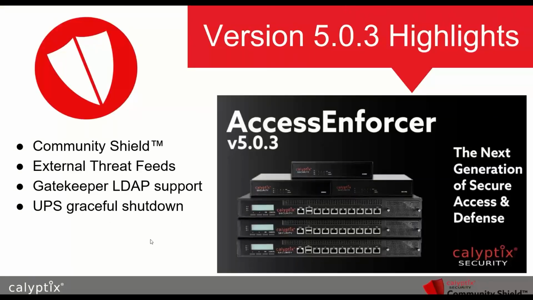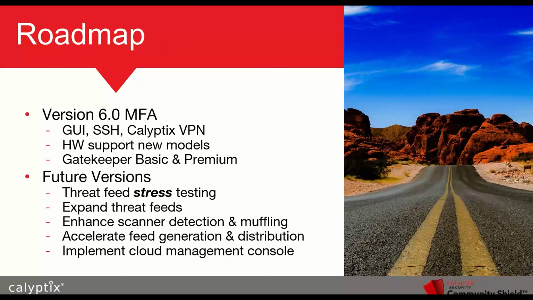In terms of roadmap, Lawrence, version 5.03 brought these pieces: Community Shield, the external threat feed, LDAP for Gatekeeper, and the graceful shutdown so you can connect it to your UPS. Let's talk about where we're going, both near term and long term.